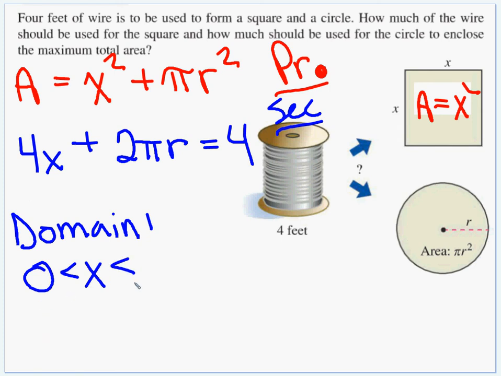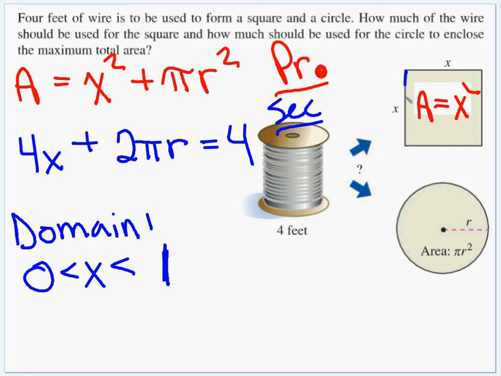On the other hand, what if we use all of the wire on the square? Well, if we've got 4 feet of wire and each side is the same, x could be as high as 1. And if we did that, that would be using every bit of wire on the square.